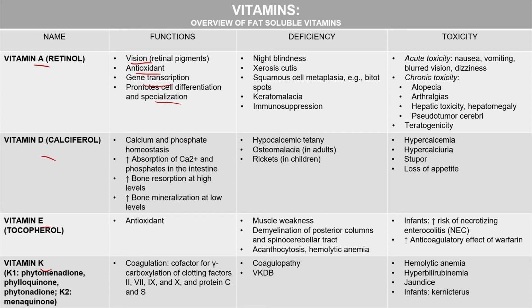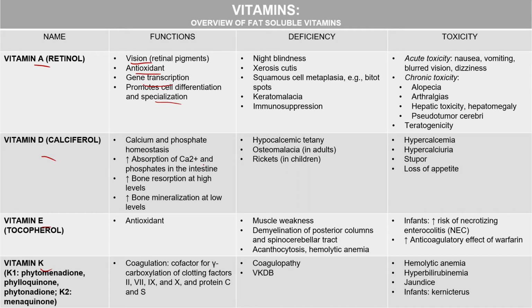The deficiency of vitamin A is characterized by malfunctioning synthesis of glycoproteins and glycolipids. Why so? Because these are the substances synthesized with the use of vitamin A. That's why we have cell differentiation and specialization, thanks to the synthesis of those glycoproteins and glycolipids.